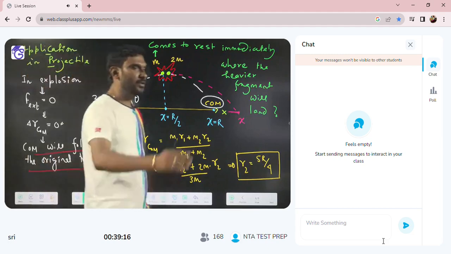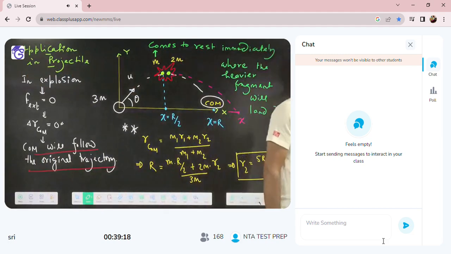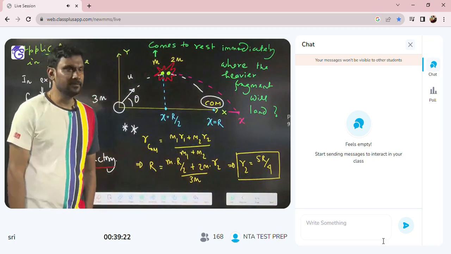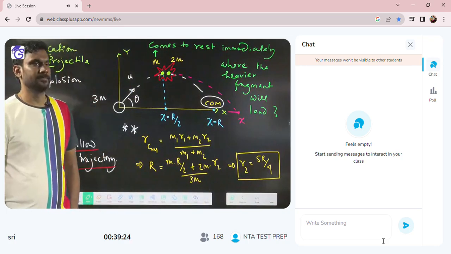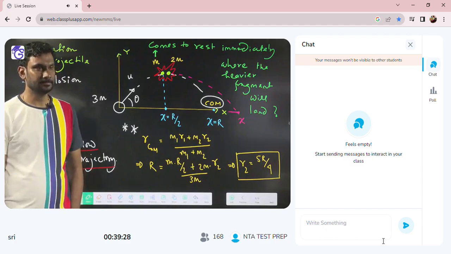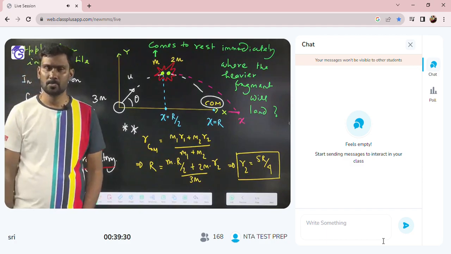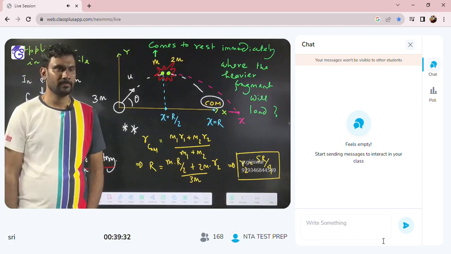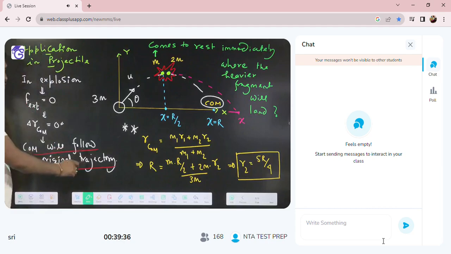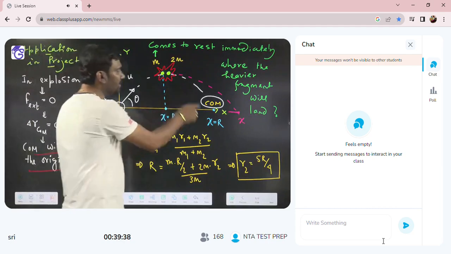Is it coming, boys and girls? R2 is equal to 5R by 4. Please respond. Yes, Bhargav, 5R by 4. Good. Anyone else? Please confirm. Kasturi, I said center of mass will follow the original trajectory, so that means center of mass will land at range.